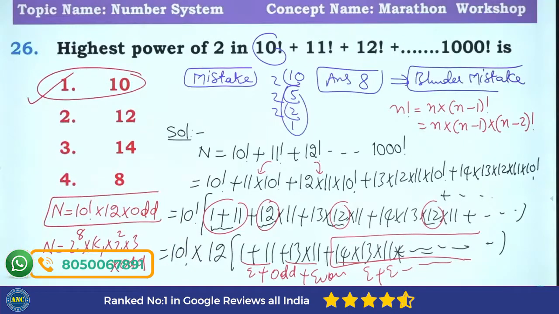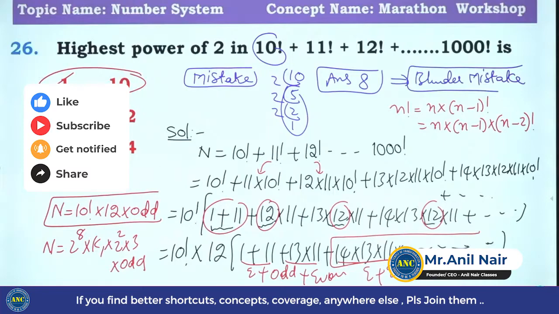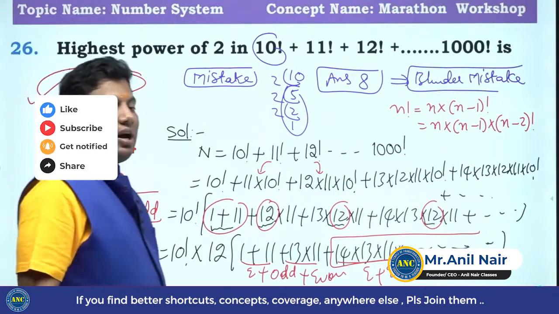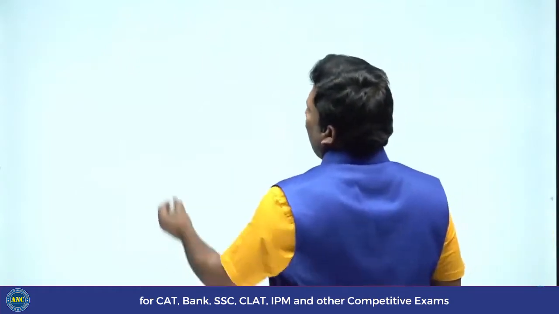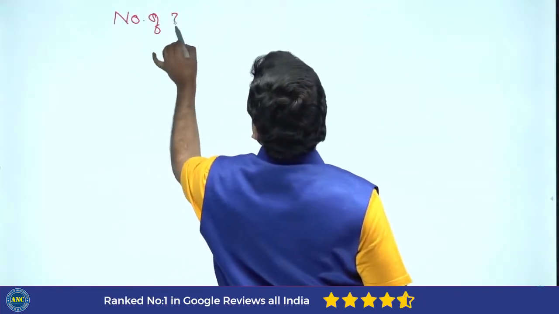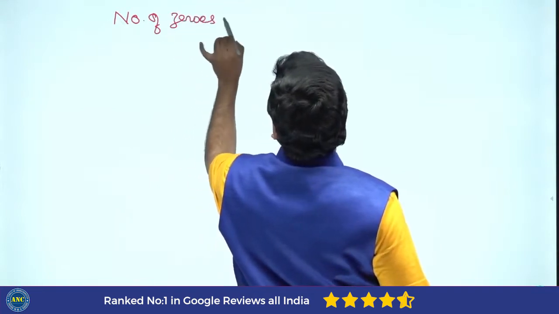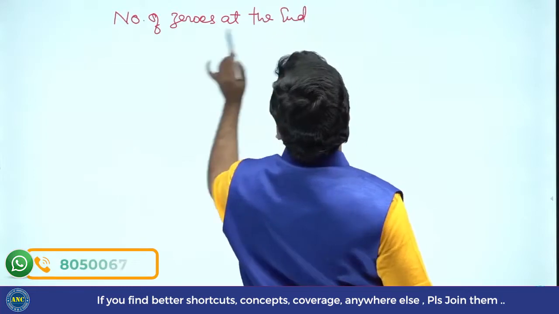Most of the teachers will tell that the number of zeros at the end is the highest power of 5. Number of zeros, it is a half-knowledge statement, sir.